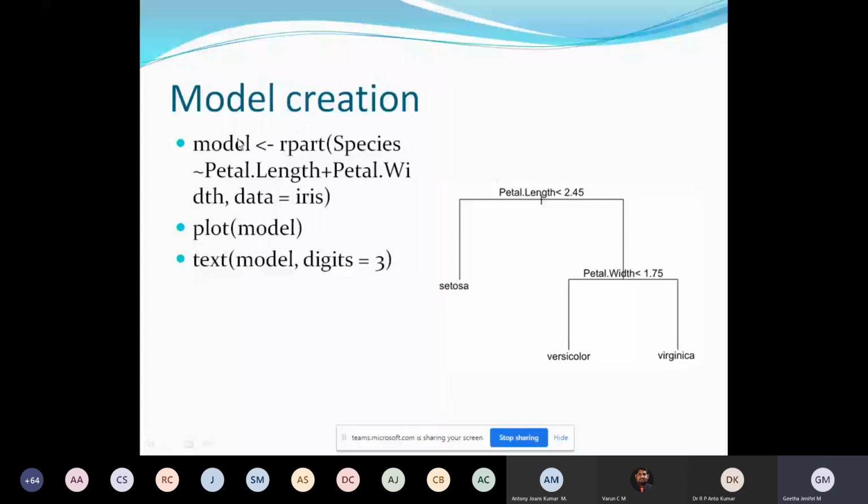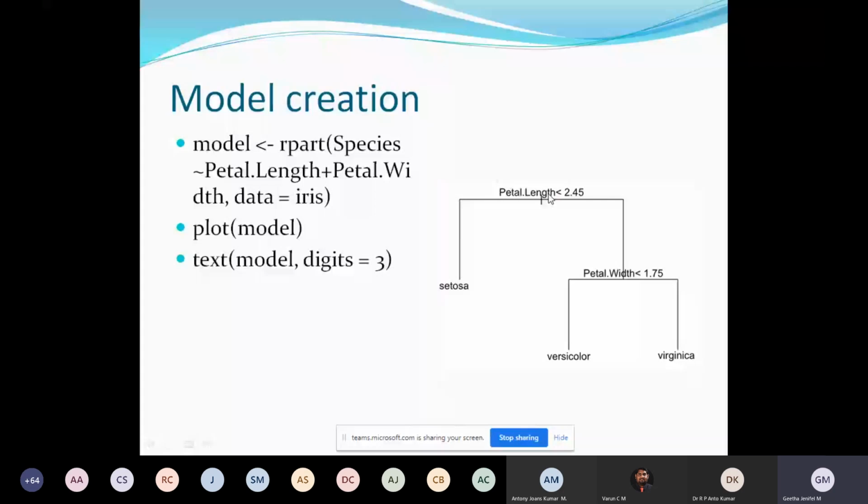Now I am going to plot this model. All the nodes have 3 digits. Here the first root node is petal length. First check whether the petal length is less than 2.45. If it is yes, our model classifies the particular flower species as setosa.